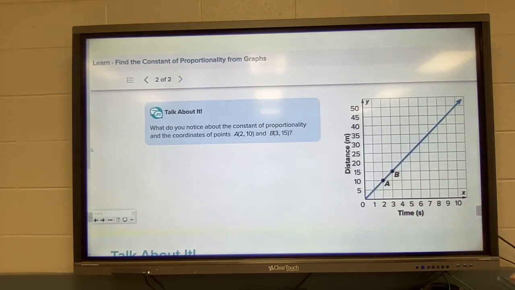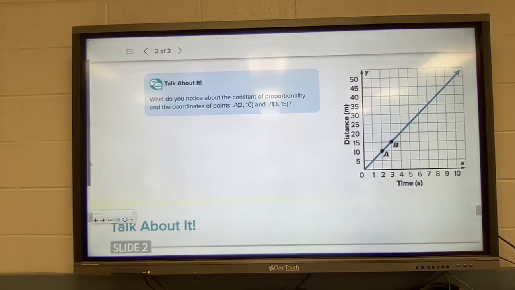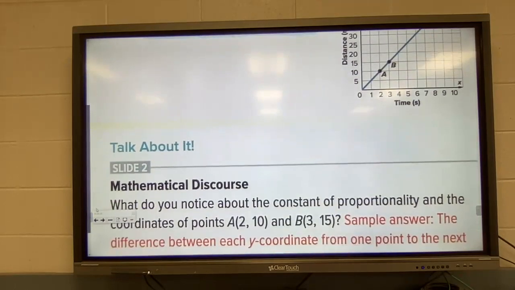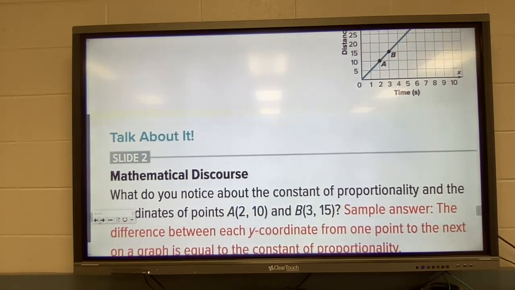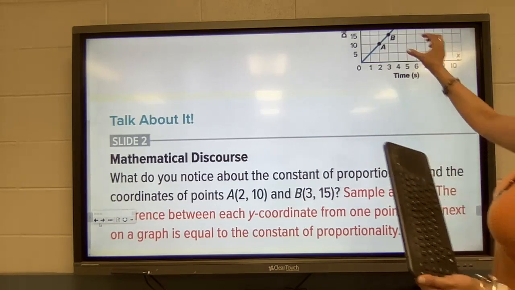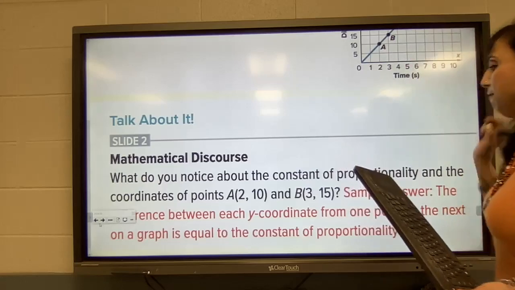That the distance there is 5 meters in 1 second, and the difference between each y coordinate from one point to the next on the graph is equal to the constant of proportionality. Okay, so you can see this is the difference, which would be 5.